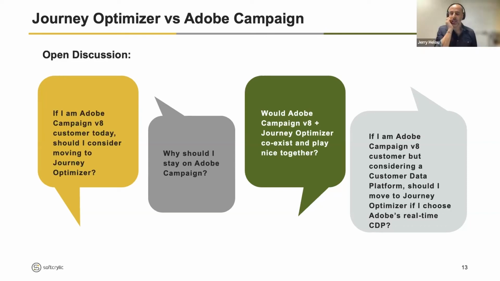But would that complicate the idea of now I have audiences across both? How would you solve for that? Right, that kind of hits a little bit on your last chat bubble there. In order for those two solutions to play together, we're bridging those audiences across Campaign and Journey Optimizer by way of the CDP.